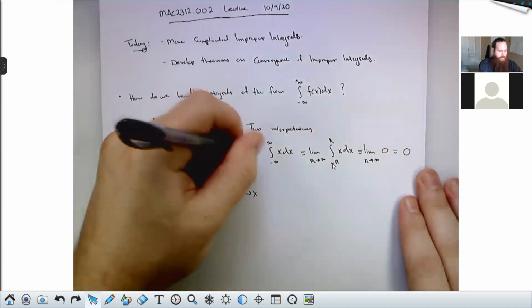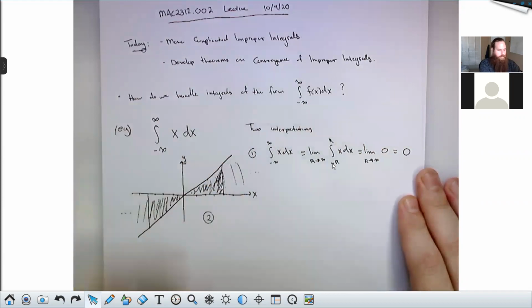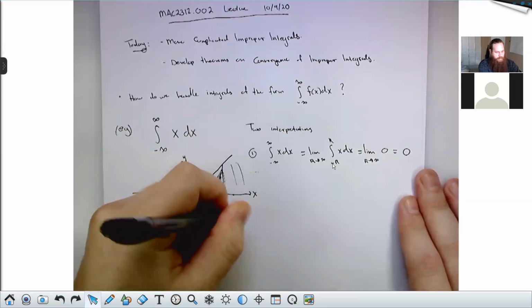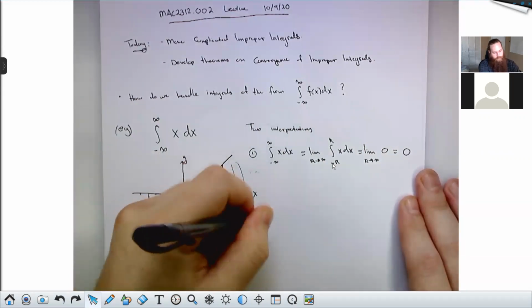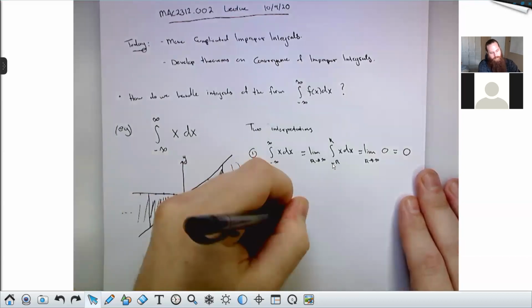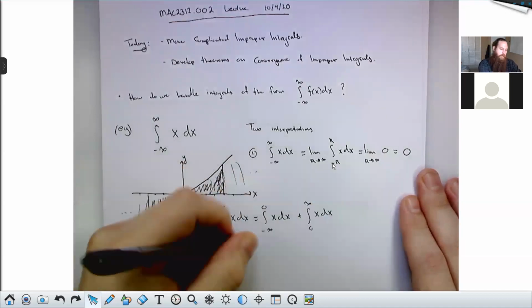On the other hand, you can think of the integral from -∞ to infinity of x dx as the integral from -∞ to 0 of x dx plus the integral from 0 to infinity of x dx.